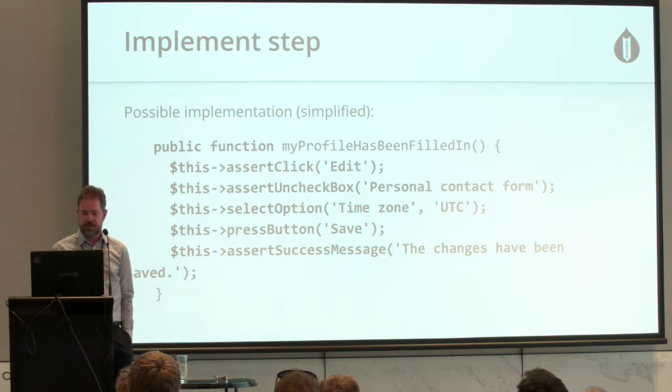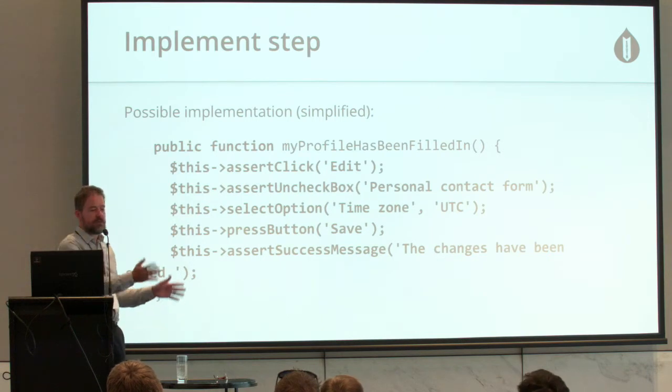The custom implementation picks all these steps to drive your browser, and you can have access to the entire tooling, so clicking, selecting buttons, and actually testing as well. Assert that there is a success message.